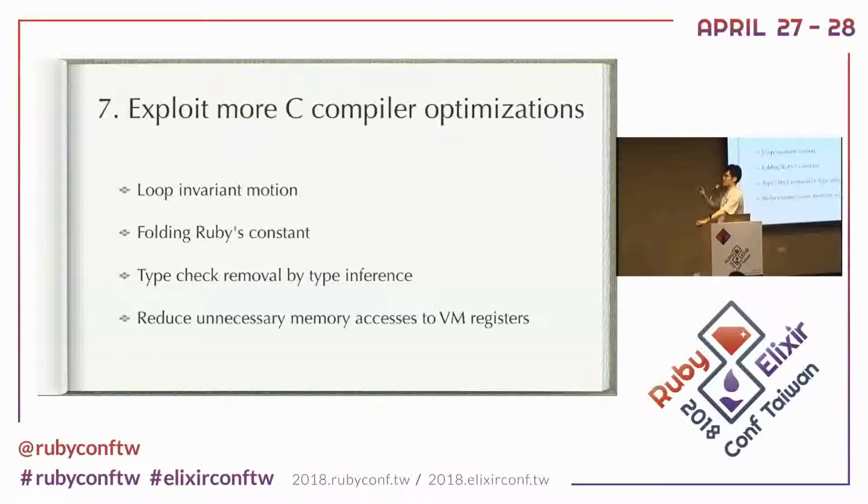By doing that, we can reduce the calculation time for very hot things inside loops. Also, we may be able to finish the calculation of Ruby's constants by using C compiler optimization. And also, we want to remove the many type checks.